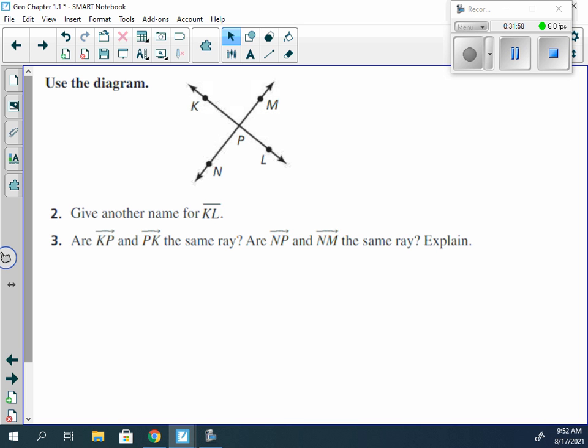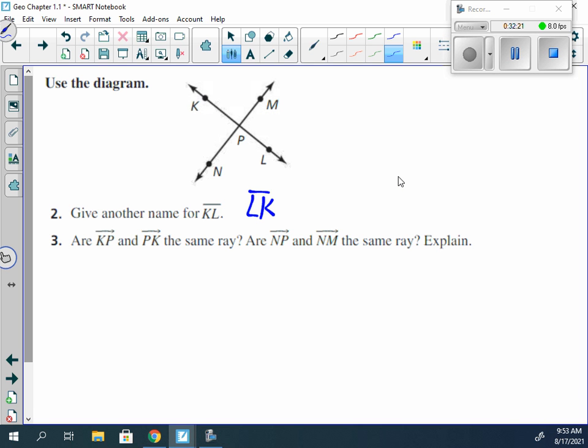Give another name for KL. Okay, and we have our line segment above it. RKP and PK, the same ray. So let's finish this up right here. I'll write a note if you need. So I just want to finish on this here. What would you guys say?